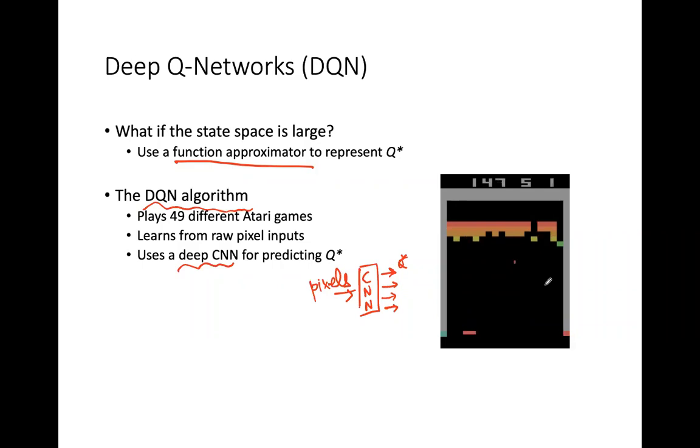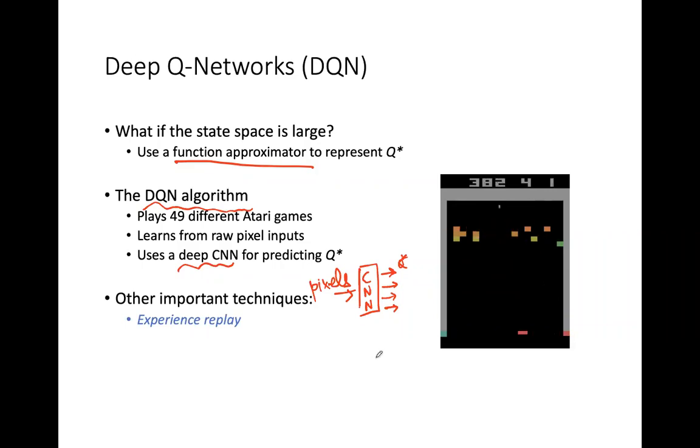A couple of things really made this work, especially when you're combining Q-learning with deep neural networks. One big problem is, notice how we train this neural network, right? Our agent goes through and plays out one episode of a game. That means you start at some initial state and you perform an action, then you go to another state, you perform an action, you go to another state, you perform an action.